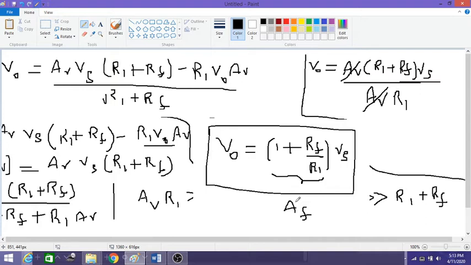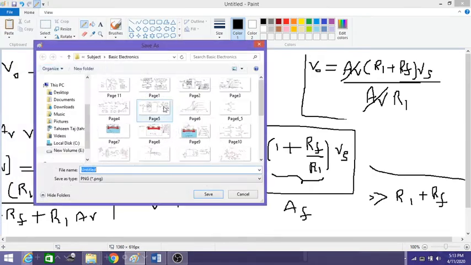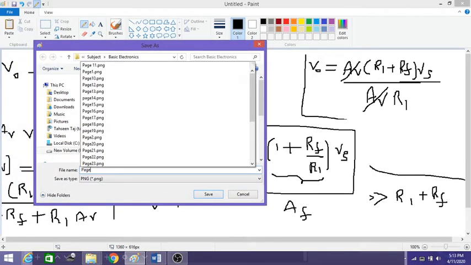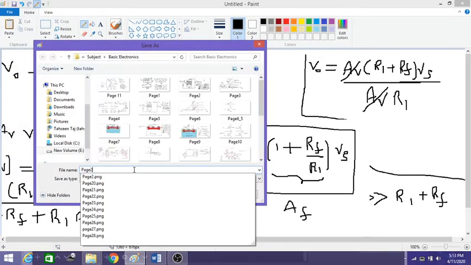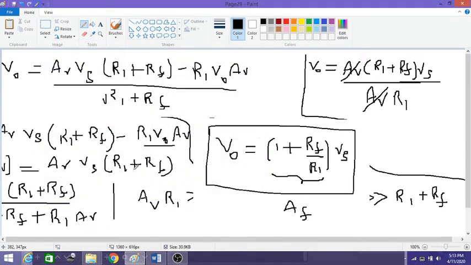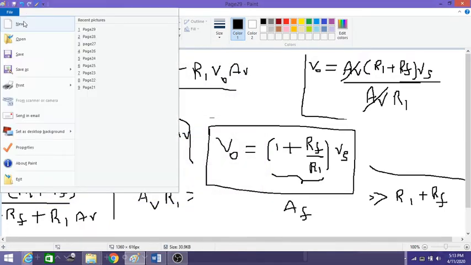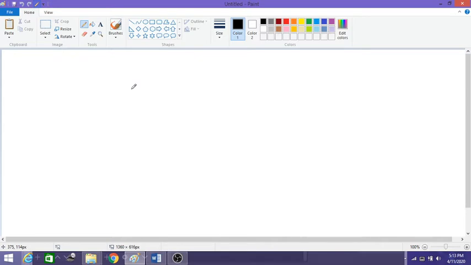Now let us see one simple example. Let me save this page, page 29. Okay, so let us take the circuit.